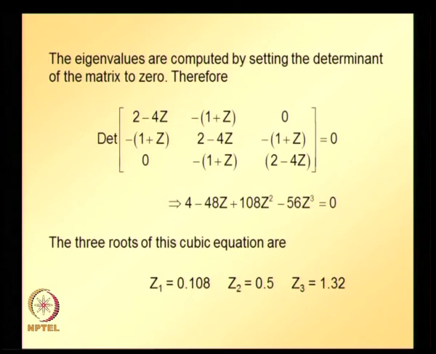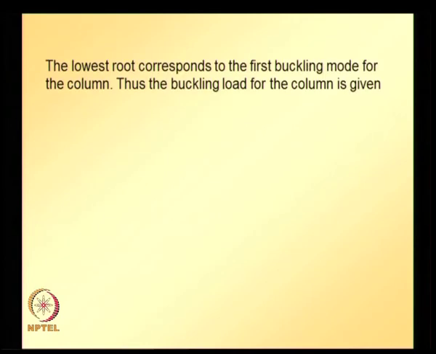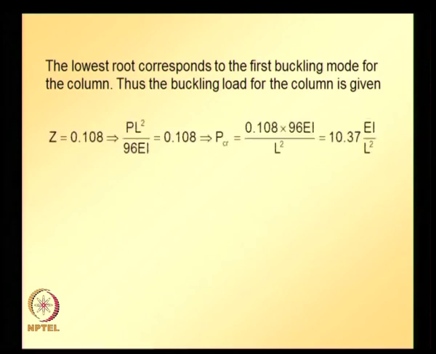To calculate the buckling load of the column, we equate the lowest eigenvalue to PL square over 96 EI and back calculate what is P. That is going to be the critical load at which the column is going to buckle first.